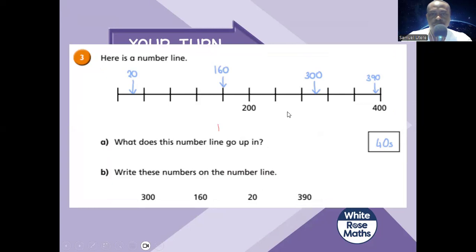So 400 minus 200 is 200. And then we have 1, 2, 3, 4, 5. Now, if we do 200 divided by 5, that should give us 40. Now, we can begin to use that information to complete our number line if we choose to do so. Now, that will give us here will be 40, 60, 80.